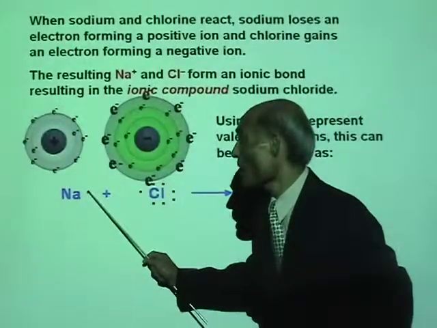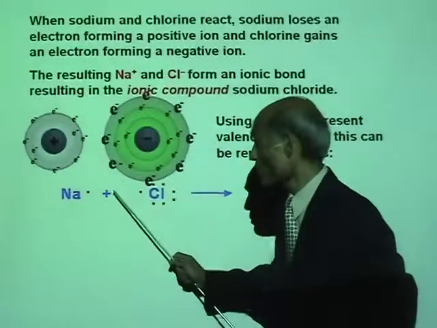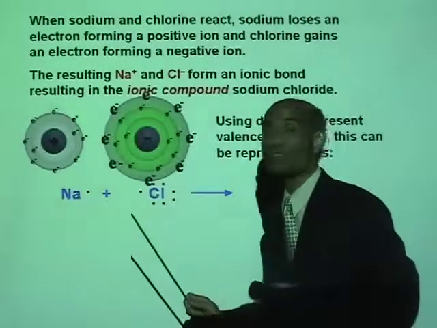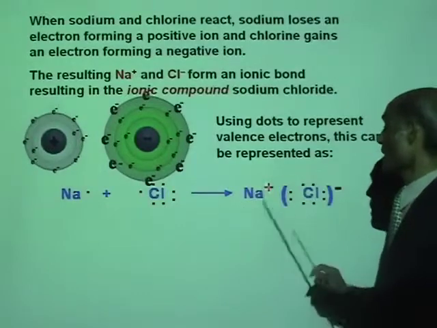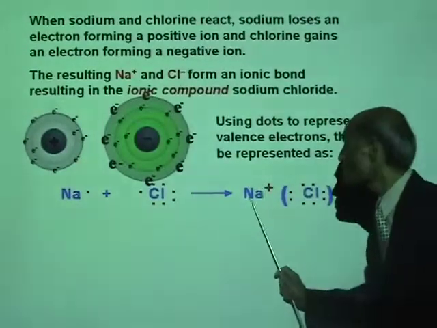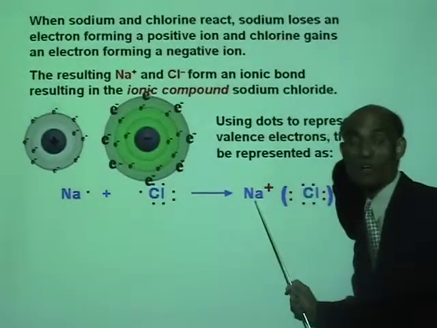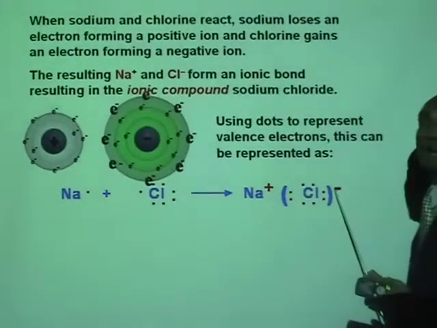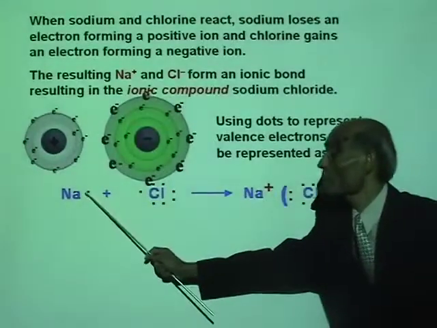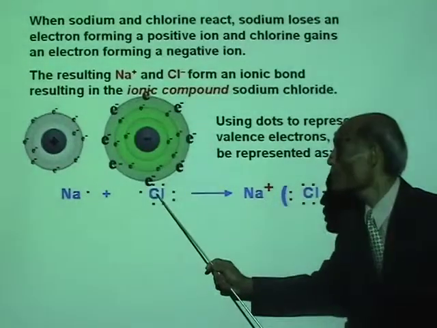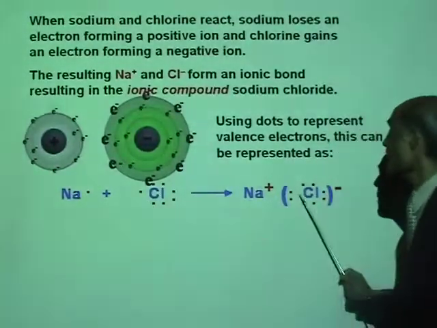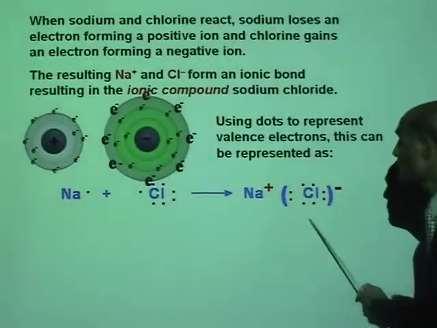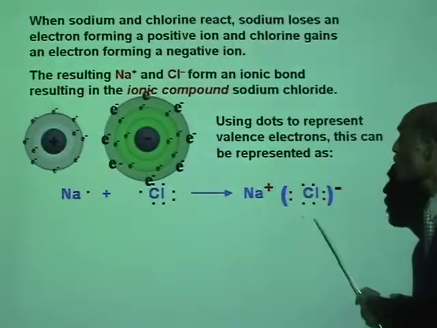So Na with 1 valence electron, combining with chlorine with 7 valence electrons, gives you what? Gives you a positive sodium ion and a negative chlorine ion. So the sodium has lost that electron to chlorine. Chlorine has now gained this, becoming a negative ion. Now this is the ionic compound.